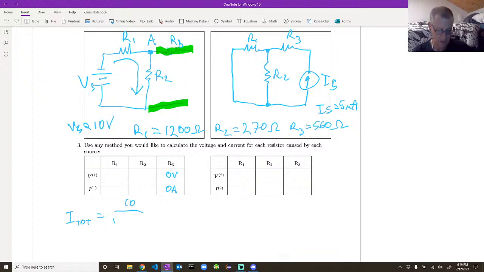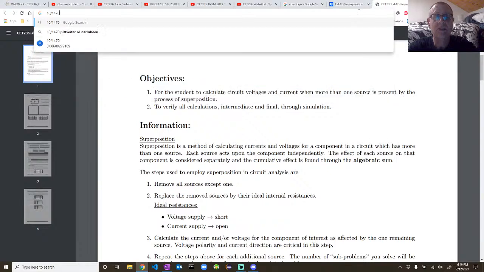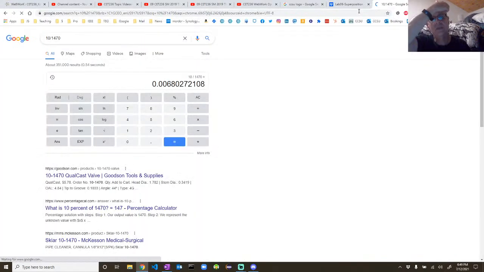So it's going to be 1200 plus 270, which is 10 on 1470, and I'll have to use a calculator of some description to get that. So 10 on 1470, just use Google, and what's that? That's 6.803.